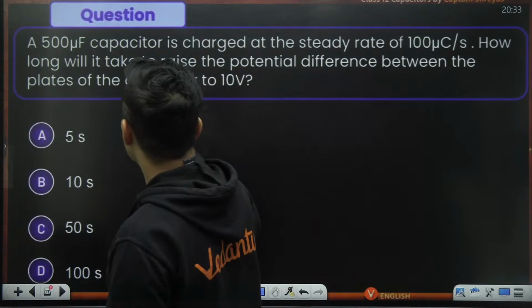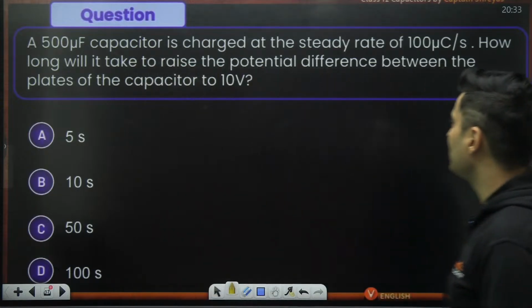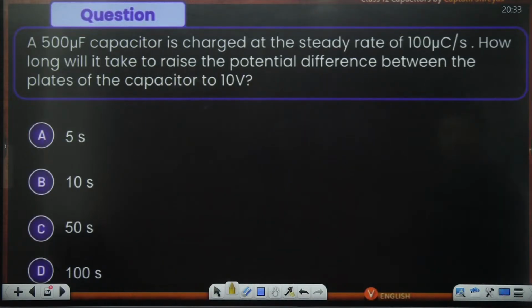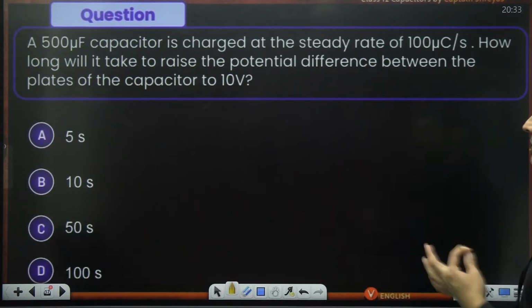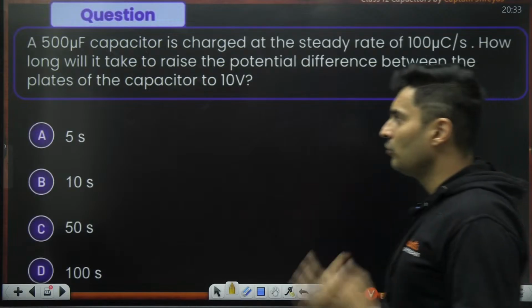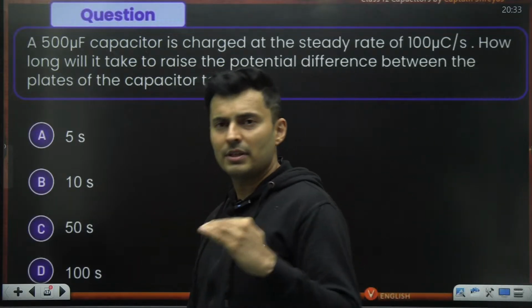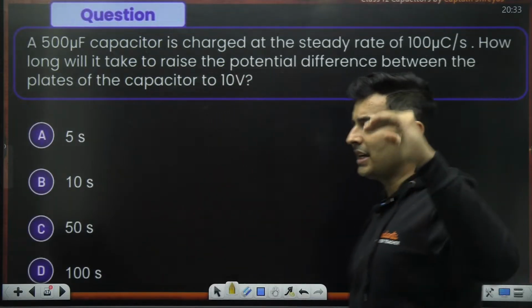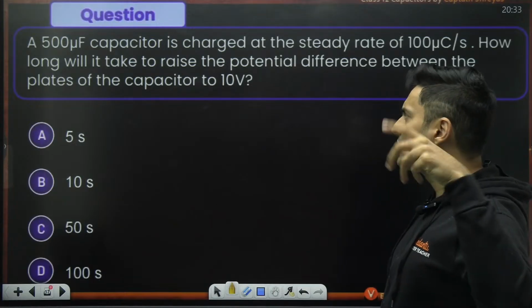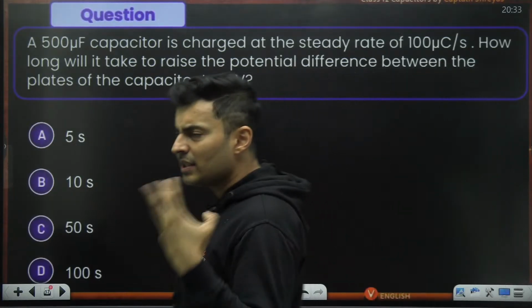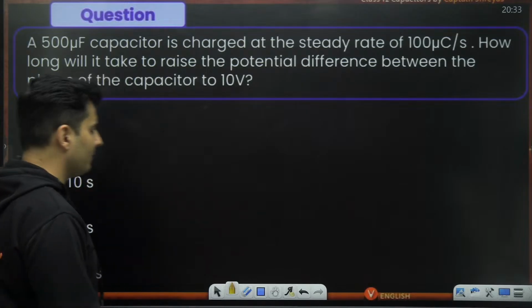Cool? Okay. This particular capacitor is charged at a rate of these many coulombs per second. How long will it take to raise the potential difference between the plates to reach 10 volts? This capacitor will slowly keep increasing its charge and eventually reach 10 volts. So when it reaches 10 volts, how much charge will it have?